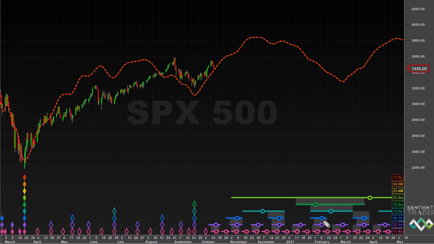Because these cycles are running longer, we have a very straggly and messy nest of lows in the future for the 40-week cycle trough, indicating that we are only expecting that trough to form in about February or March of next year. And other moments to look out for are this 80-day cycle trough, which is expected to form in about the middle of December. And here is the 40-day cycle trough, which is expected to form around about the time of the US elections in the first week of November.